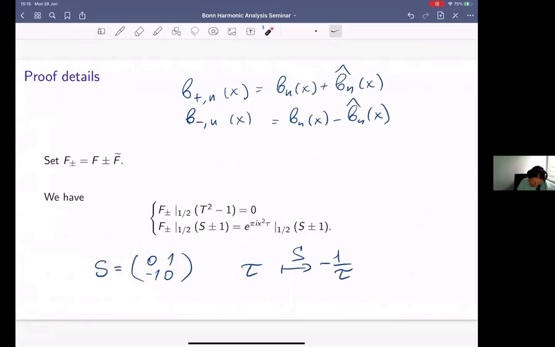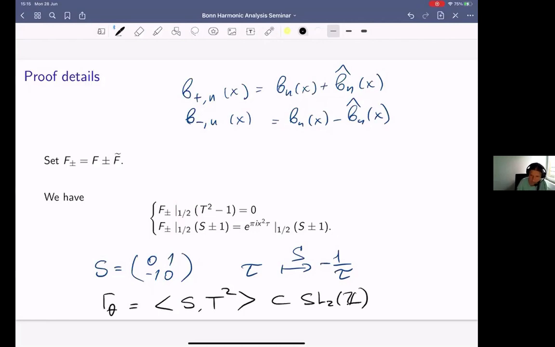This functional equation is related to the action of the group gamma theta. Maybe I didn't write it down: this group gamma theta is the group generated by S and T squared, a subgroup of SL2(Z), and it acts discretely on the upper half plane.